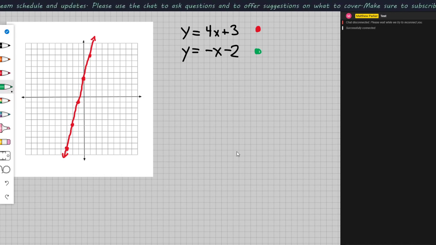So now I'm going to do negative x minus 2. I need to graph the y-intercept, which is negative 2, so down here. Then this is going to be a negative slope, so it's going to be down 1 over.